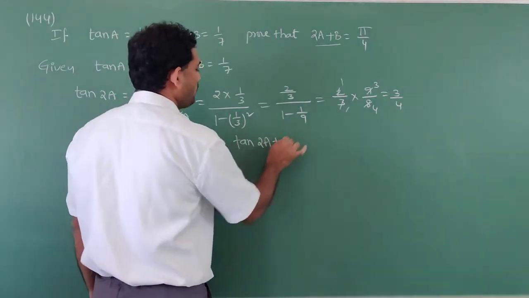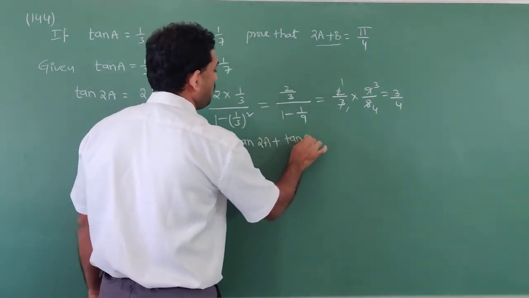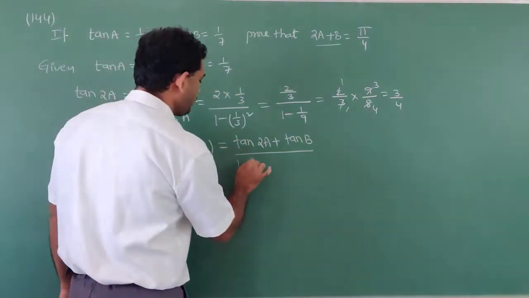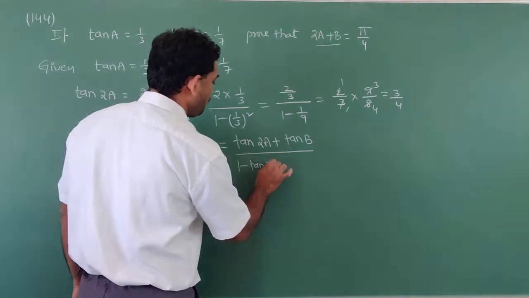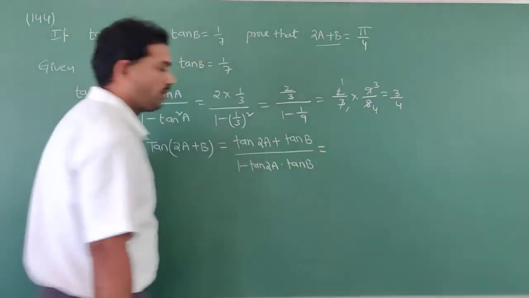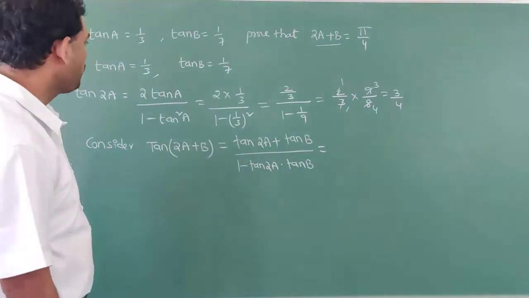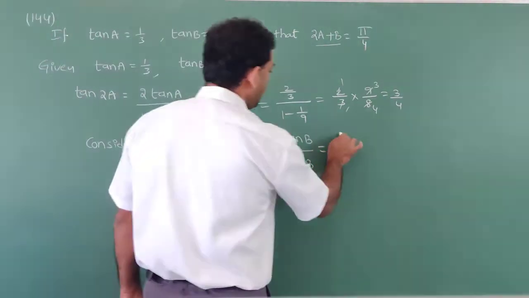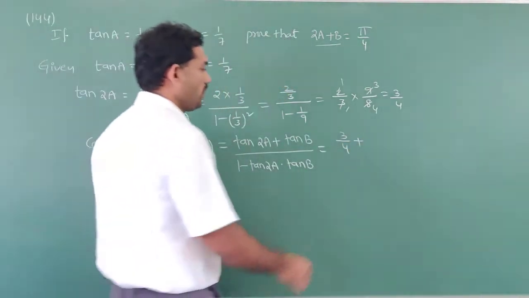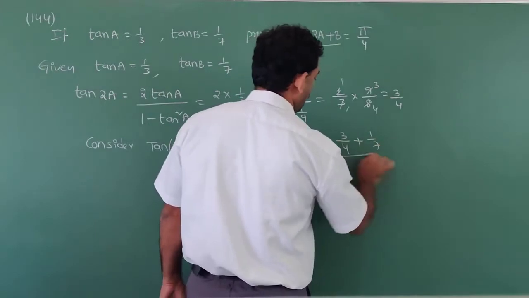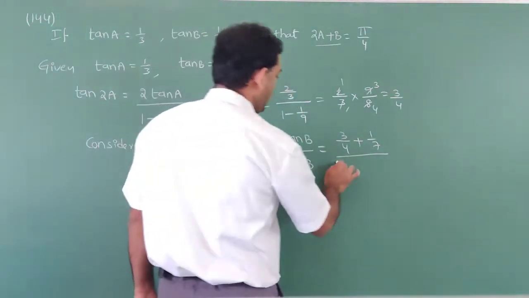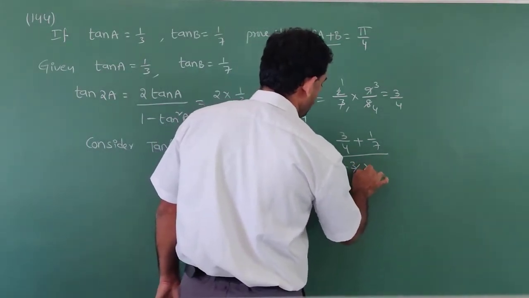Tan of 2A plus B, by the tan x plus y formula, is tan 2A plus tan B divided by 1 minus tan 2A into tan B. Tan 2A you already simplified as 3 by 4, plus tan B is 1 by 7, divided by 1 minus 3 by 4 into 1 by 7.